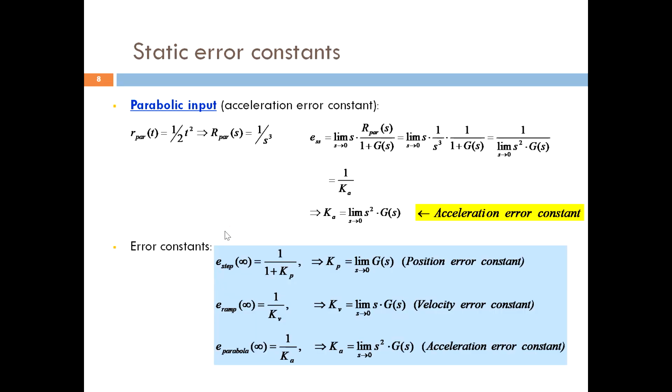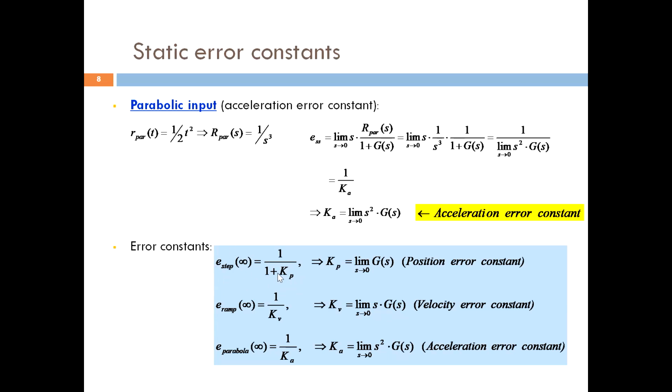And just to summarize the error constants that we have derived, we've got the expression for the steady state error when we have a step input, a ramp input, as well as a parabolic input. So in each of these, the key component that we have is the error constant.